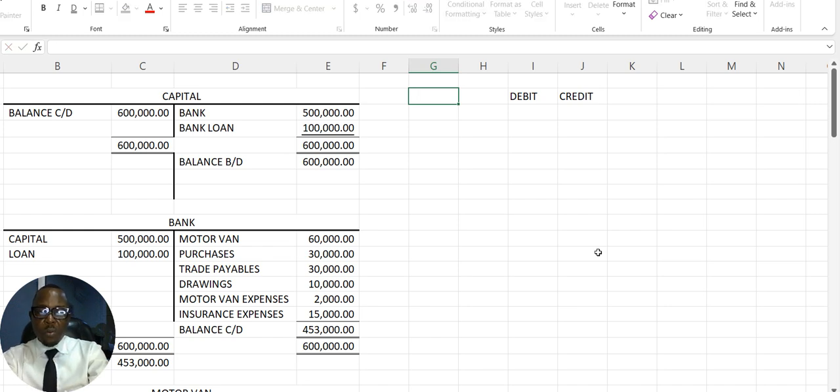Emmanuel trial balance. This is description, or we call it ledger.